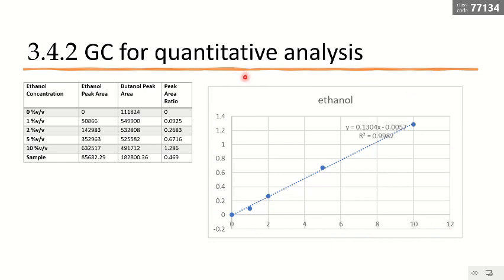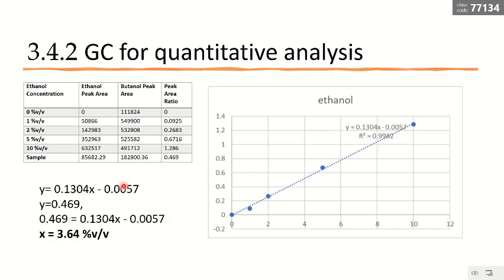The beauty of the Excel sheet is that it will automatically generate this function and R square here. R square means how good the linearity of your graph is. The closer to 1, the better the linearity is. So with this function, if we know our sample's y is 0.469, we can substitute in and calculate how much our ethanol concentration is.